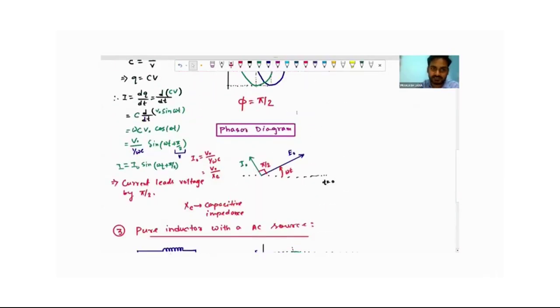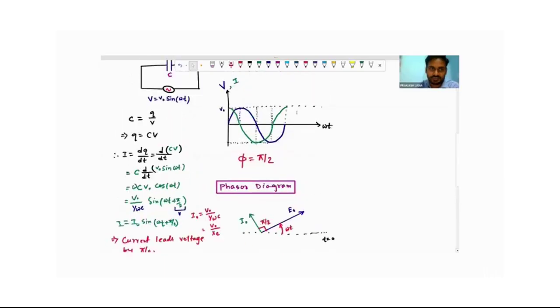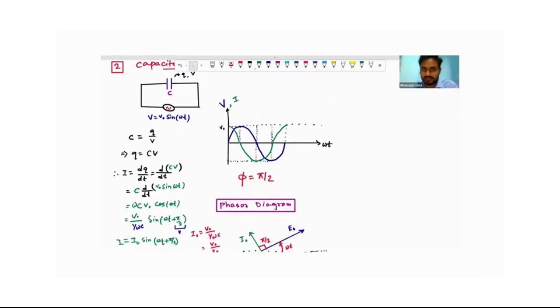In the case of a capacitor, we can also plot it. How will it look? Here we will plot frequency, and along the y-axis we will plot XC. XC means 1 by omega C, or 1 by 2 pi f times C, or we can write it as 1 by 2 pi C times 1 by f, isn't it?